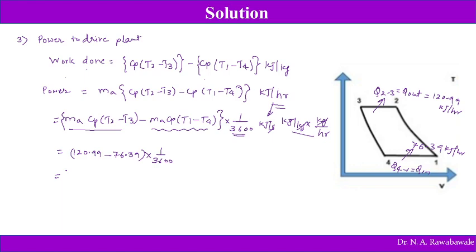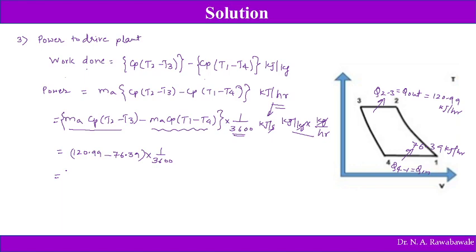This will be 120.99 minus 76.39, divided by 1600.